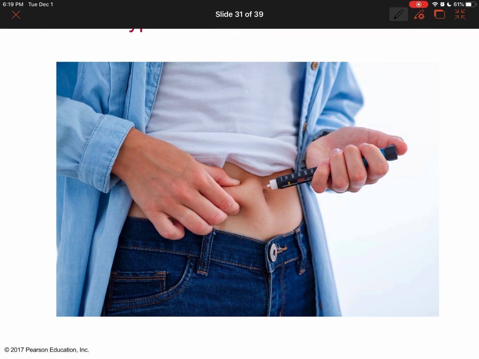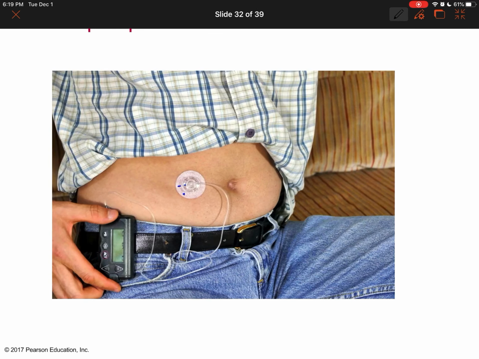So insulin can come in a couple ways. You can inject insulin subcutaneously. You can have a pump installed, so you don't have to deal with needles if you don't like needles. And there's other ways that the textbook was talking about. They're coming out with suppositories or oral insulin.